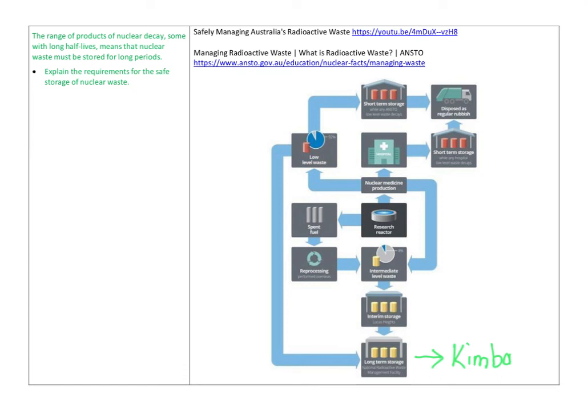So there is a great local context to this issue. So please watch the video, have a look on that website. This may be, it doesn't have to be, but this may be an excellent issue to look at for your SHE investigation task.